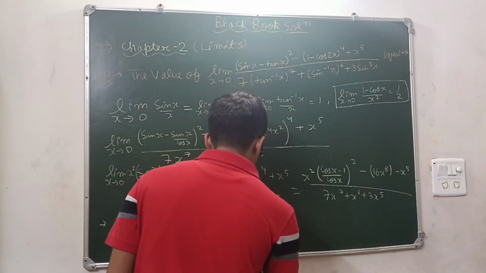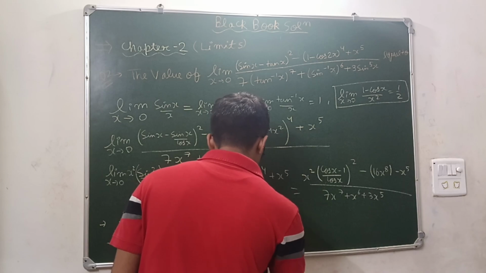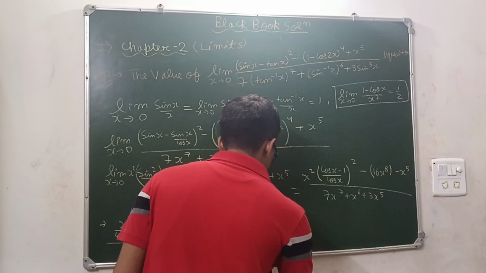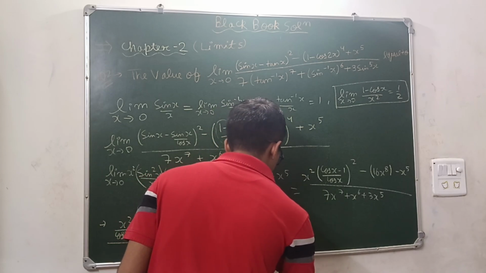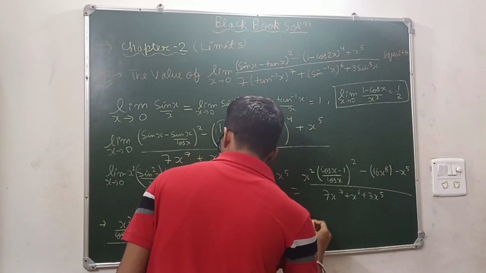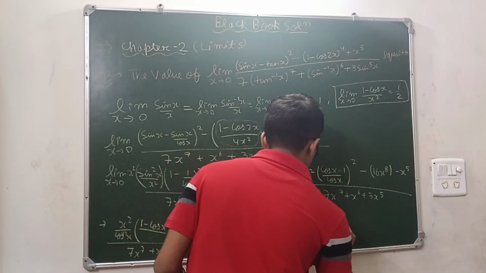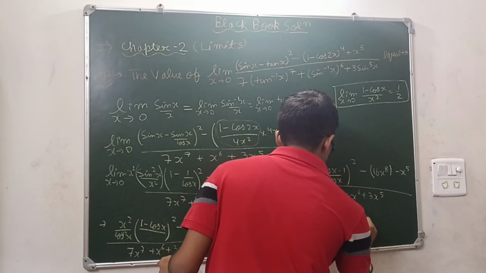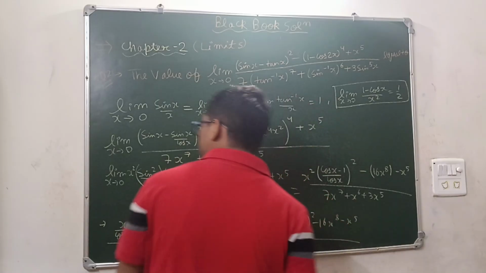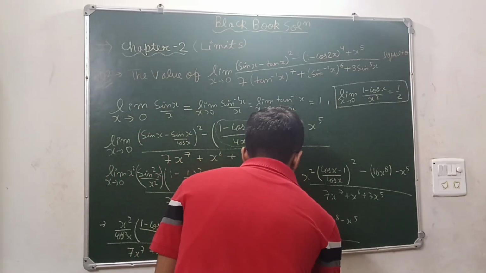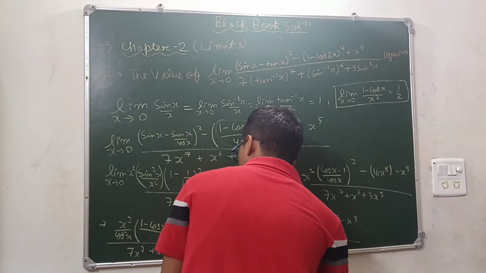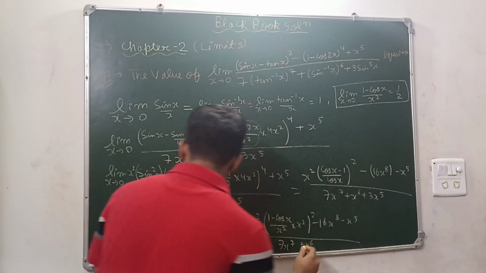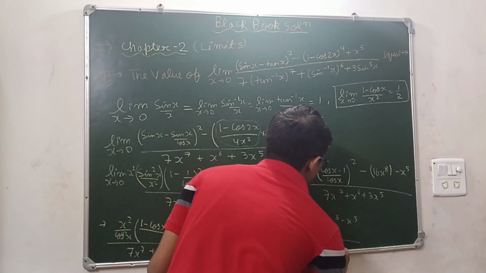X square upon cos square x, (1 minus cos x by x square) into (x square) whole square, minus 16x to the power 8 minus x to the power 5 upon 7x to the power 7 plus x to the power 6 and plus 3x to the power 5.